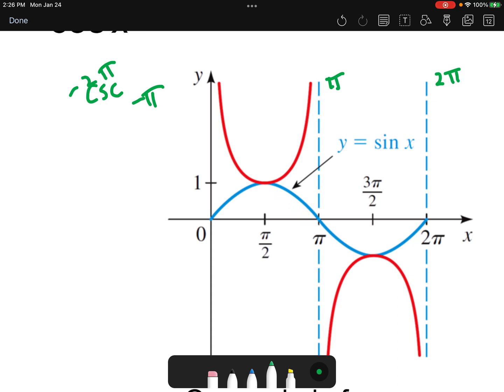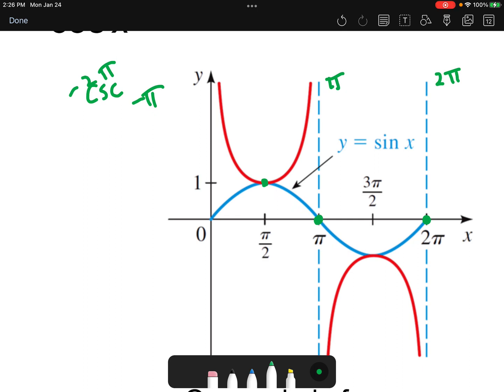And why is that? Well, because sine is 0 at all of our pi's. And cosecant is 1 over 0, which is undefined. So therefore, it doesn't exist at multiples of pi. That's awesome. That's really cool.